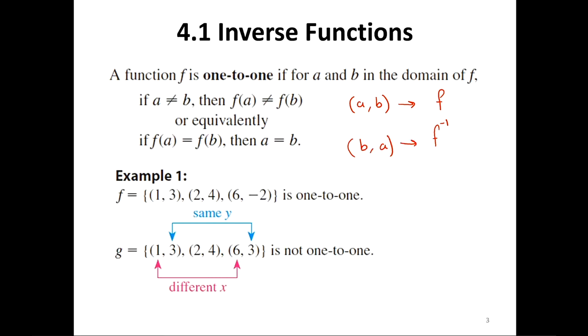This is the inverse function. If the point (a, b), for example (1, 2), belongs to the function f, then (b, a) belongs to the inverse function, denoted by f to the power -1.